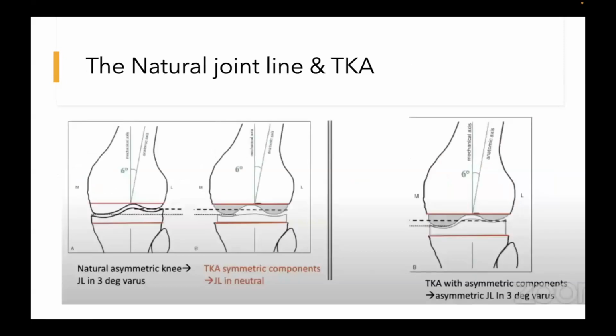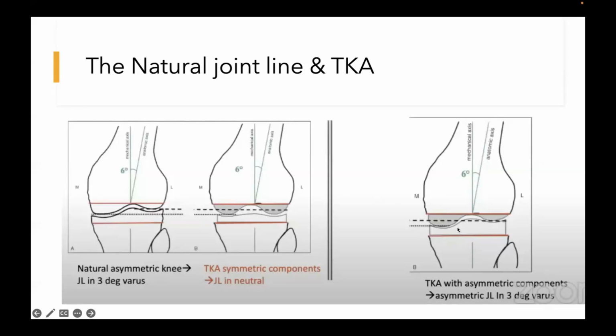So if you see in these pictures, what we are doing in TKR normally is trying to replace the asymmetrical femoral condyle with a symmetrical component. If I am restoring the medial joint line, like in this picture, then the lateral joint line will be distalized.